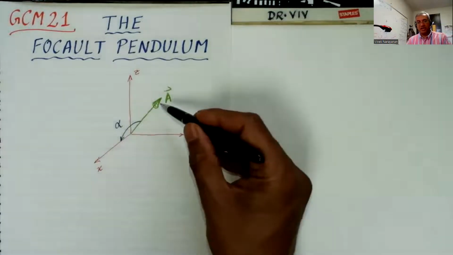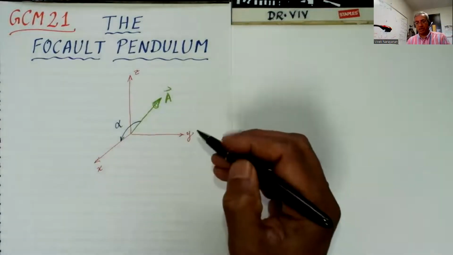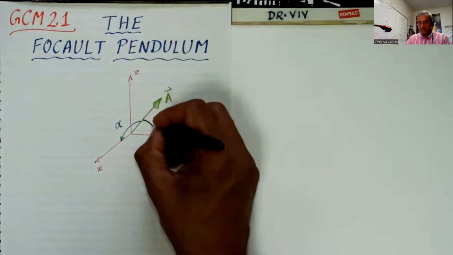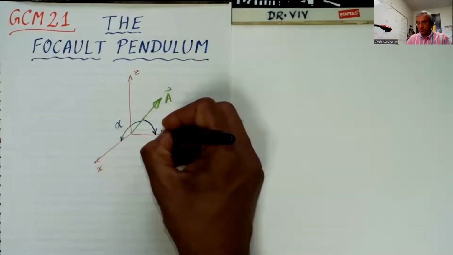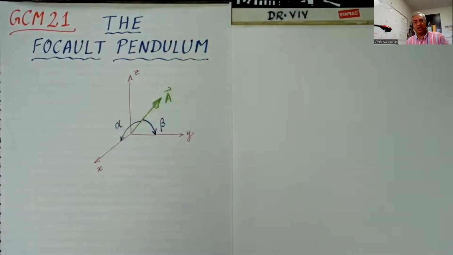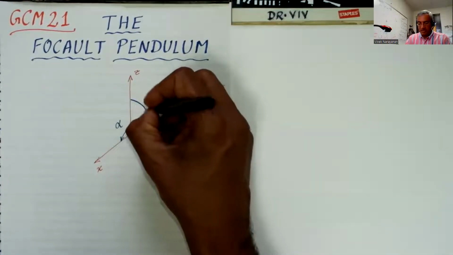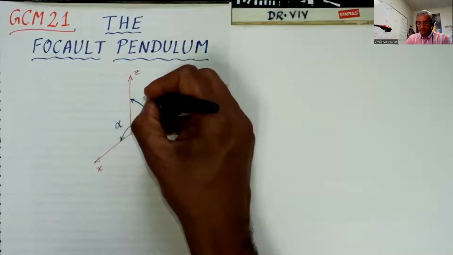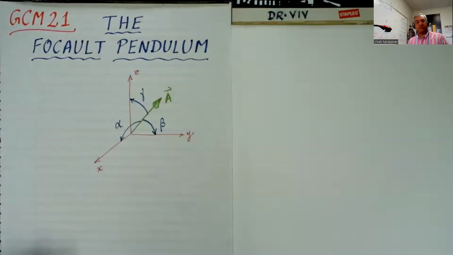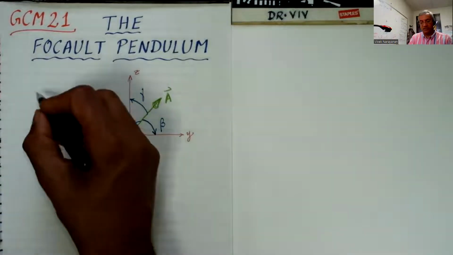Similarly, the vector A and the y-axis constitute a plane, and in that plane, the angle beta is the shortest angle between the two. And likewise, the angle gamma between the vector A and the z-axis. These are called direction cosines.